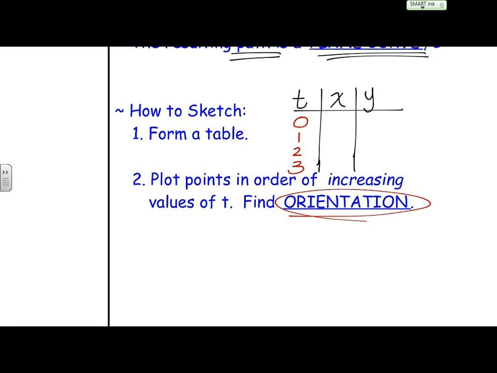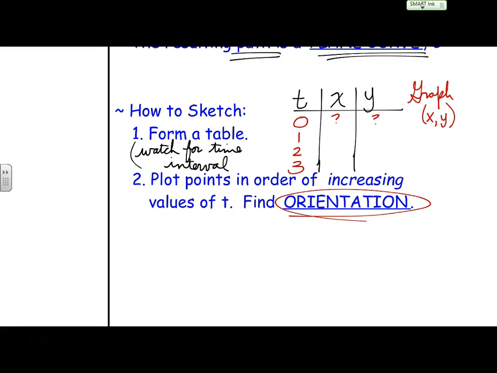Anyway, you're going to plug into your equations and figure out what is an x and what is a y. And when you go to graph, you're going to graph the x, y points just like you always do. Time just tells you how many x's and y's you're going to have. And almost always they give you some sort of time interval, like how they sometimes give us x intervals, y intervals.